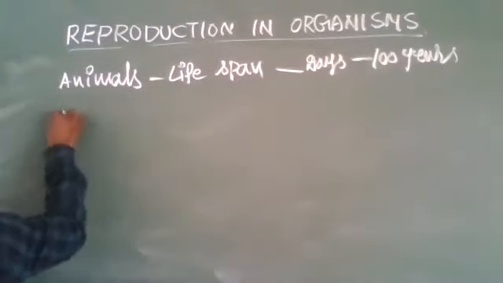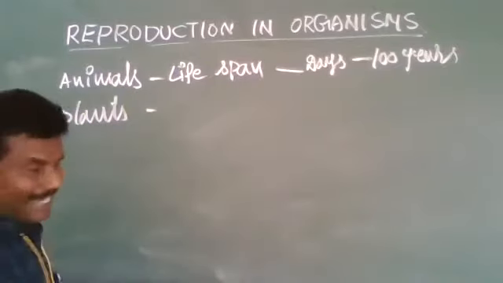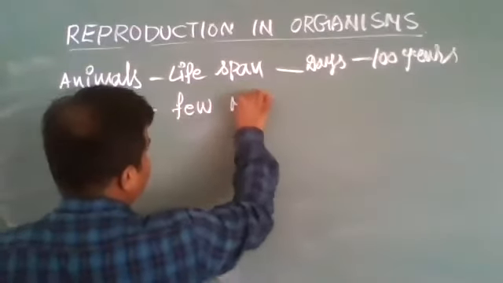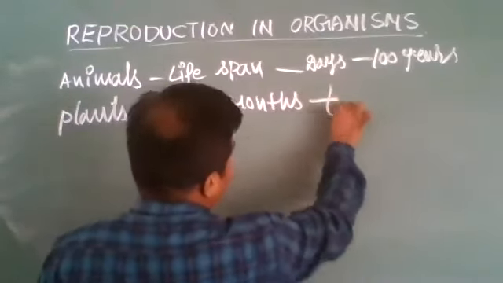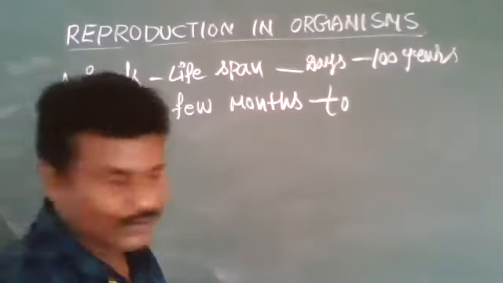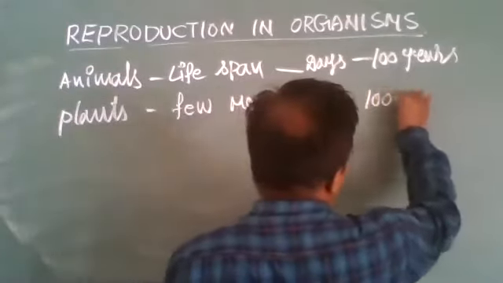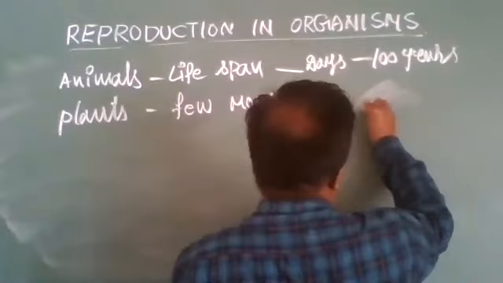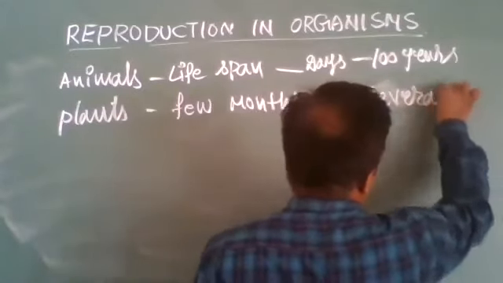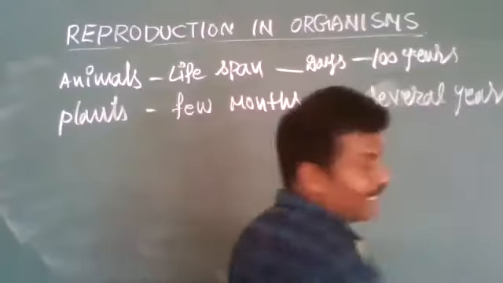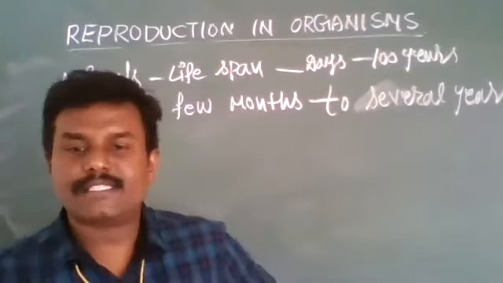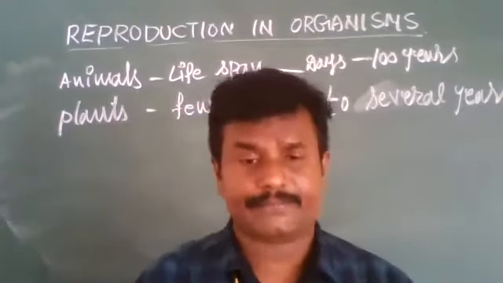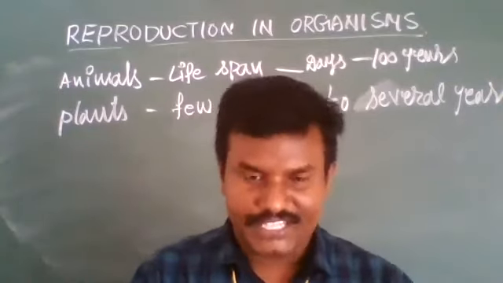While for most plants, the lifespan ranges from a few months to several years, even several thousands of years. So see here, whatever the lifespan may be, death is a certainty.